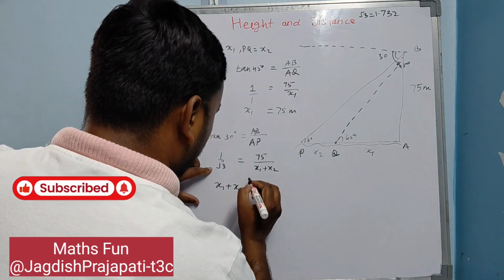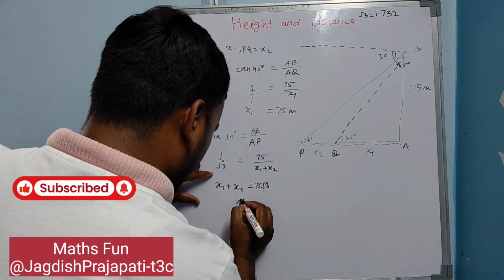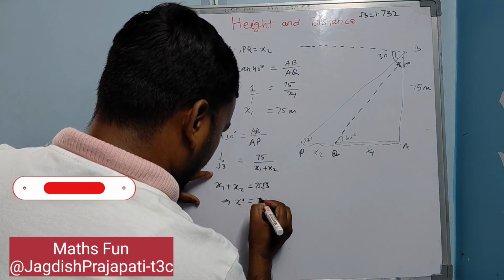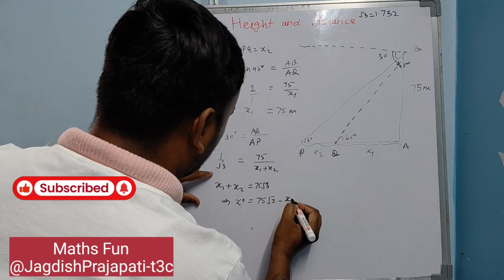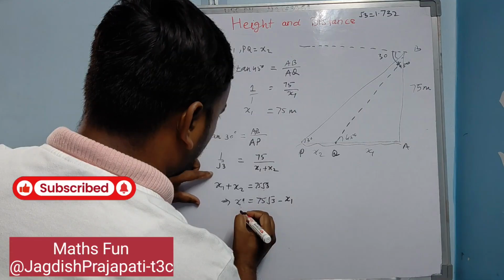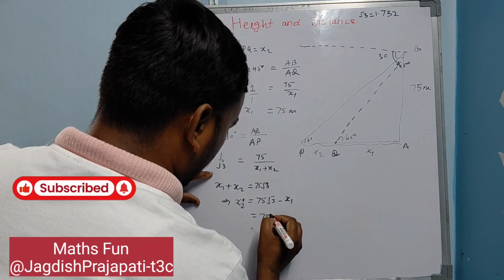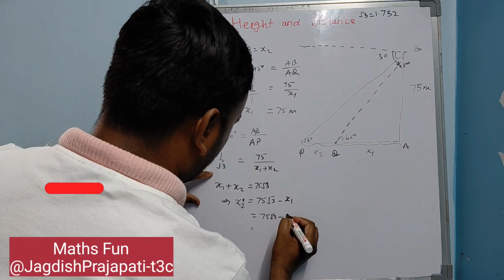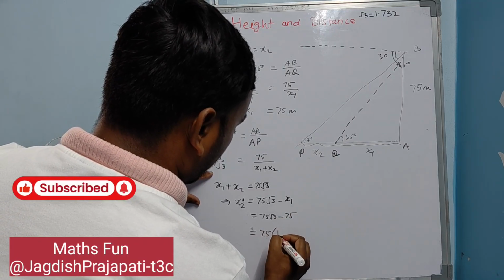So here we know x1. So x2 will be 75 under root 3 minus x1. So 75 under root 3 minus x1, which is 75. So you can take 75 outside.